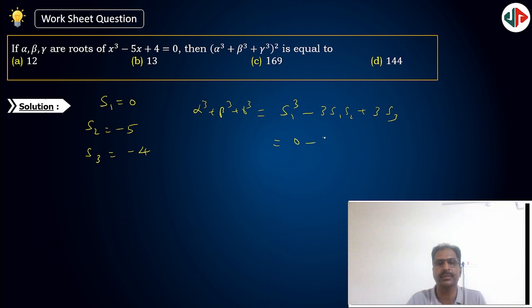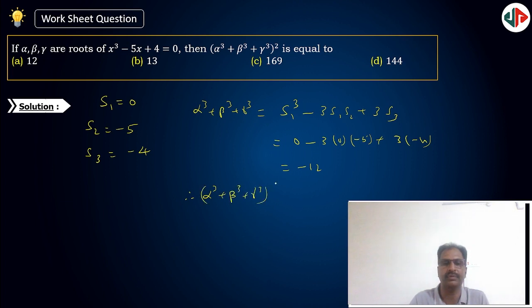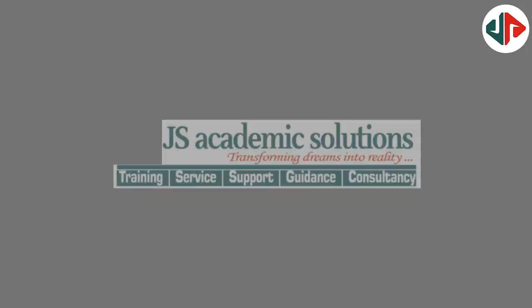S1 cube is 0, minus 3 into 0. So this is minus 12. What will be the whole square of that? 144. So alpha cube plus beta cube plus gamma cube whole square will be 144, option D.